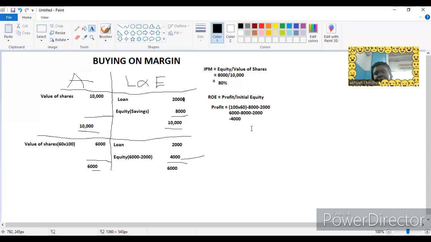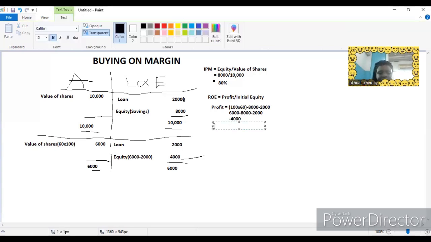Because when you factor in what you contributed initially, what cost you to pay, and the loan you went for, you made a loss of 4,000. That's the profit. So now your return on equity will be your negative 4,000 divided by initial equity, which is 8,000.